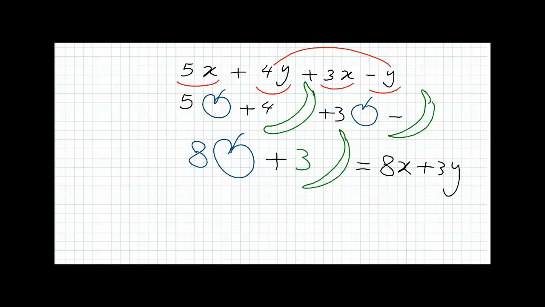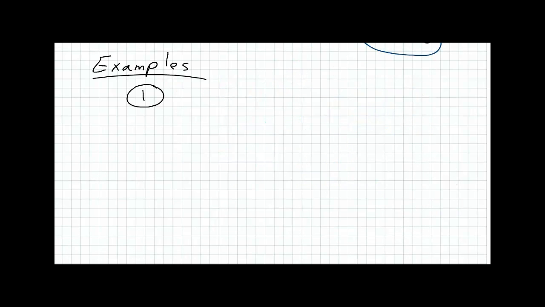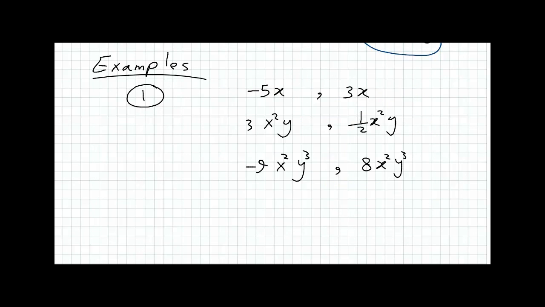So this is the second type of simplifying, so that the result will only contain unlike terms. Look at these examples. Notice here that we can say about them that they are like terms. The same letters with the same exponents. So they are like terms. It doesn't matter if the sign is different, the numbers are different.